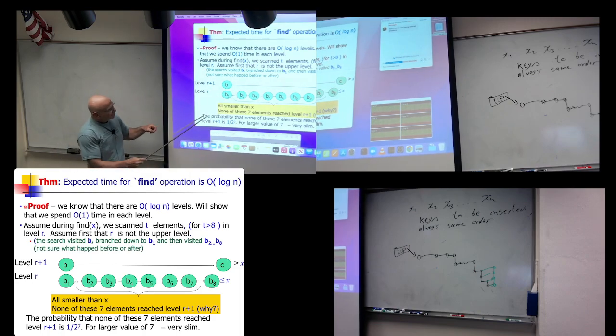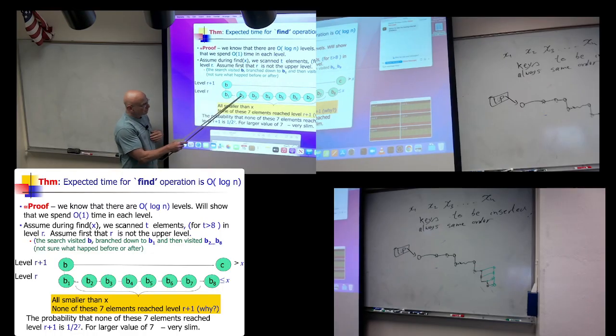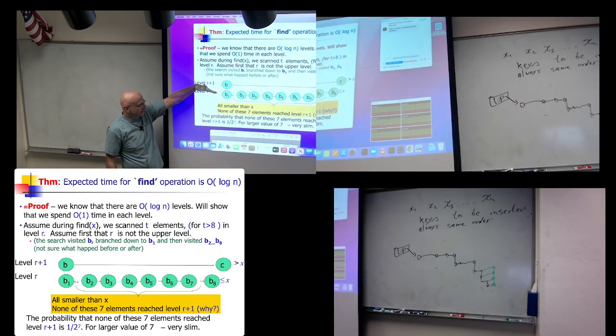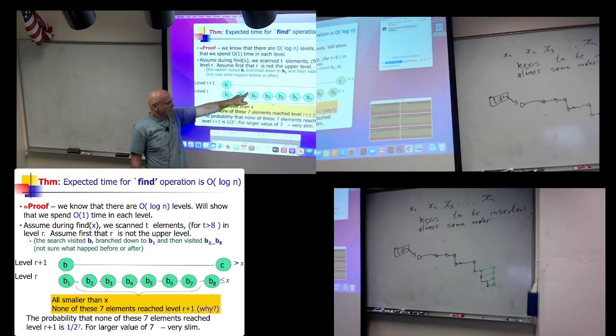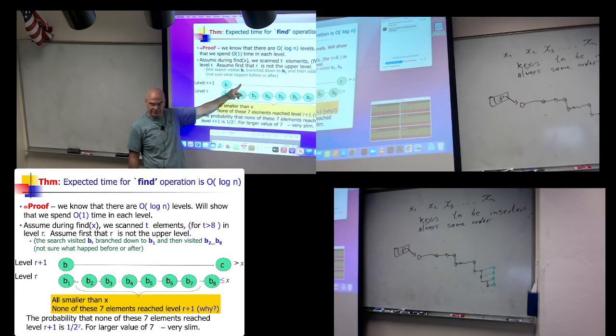What is the maximum level that B2 participates in? I know that it participates in level R, say the first level, but how do I know that B2 does not participate in level R plus 1? Maybe it was promoted to level R plus 1 as well. No. Why?